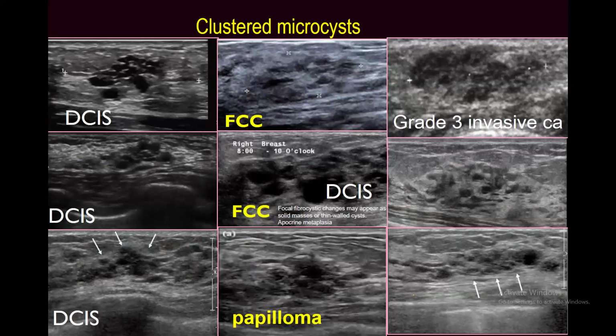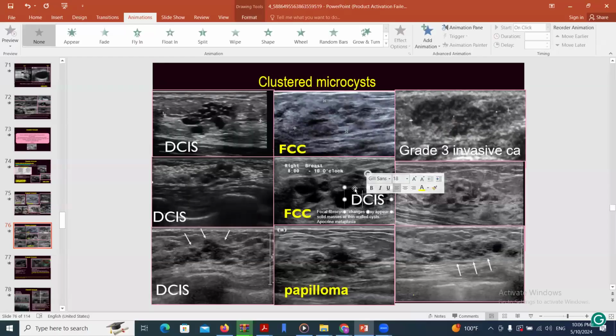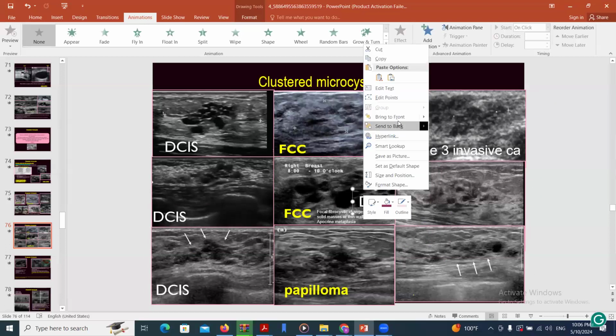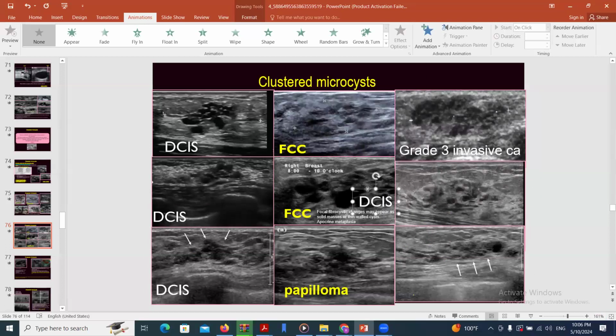And here we can see different examples. These are fibrocystic. Sorry, I don't know why this is coming here. This is fibrous. This is DCIS.